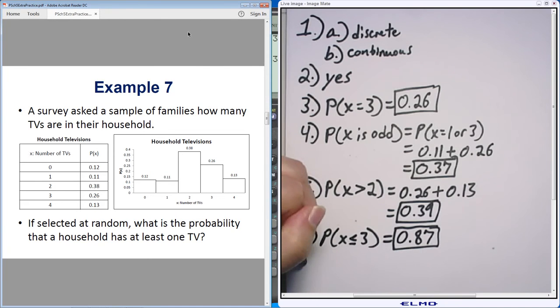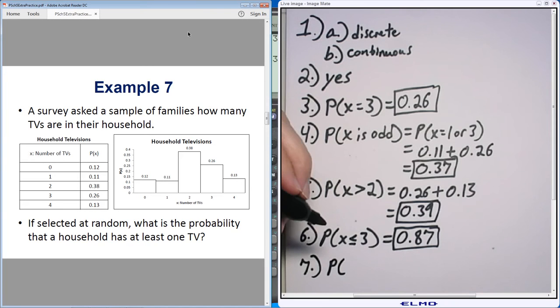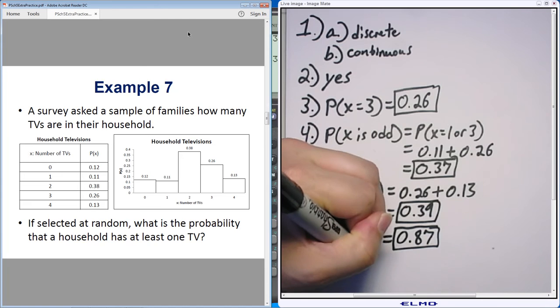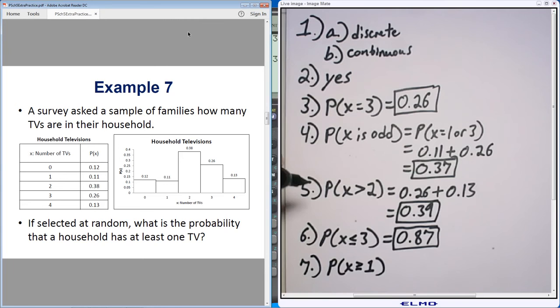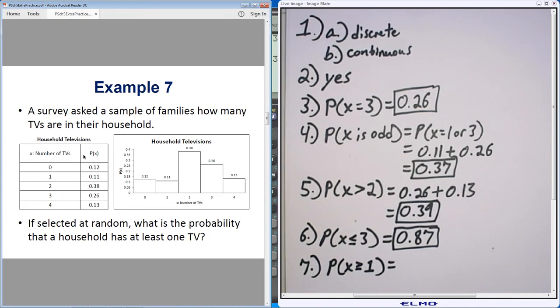Now for number 7, find the probability of at least one TV. So X is going to be 1 or greater. It's greater than or equal to 1. Okay, to do that, we can add up the probability of 1, 2, 3, and 4.